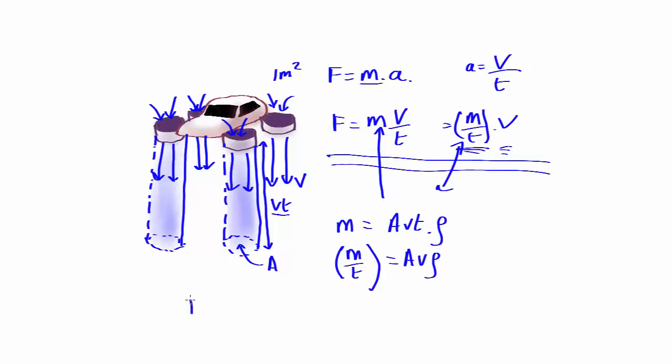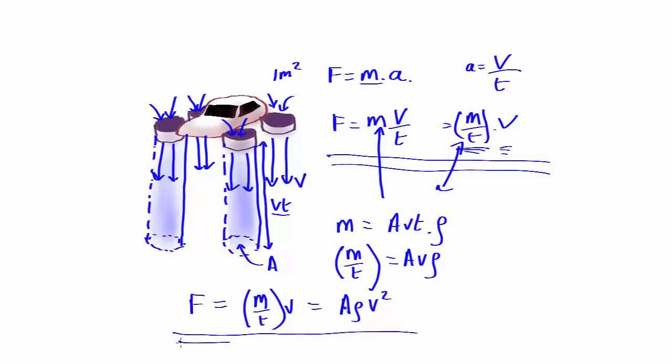So the total force from each of the 4 fans is going to be m over t times v, which is going to be A rho. We've got a v from here and a v in there, so it's going to be v squared. Okay, so that's our equation for the amount of force that each fan produces.